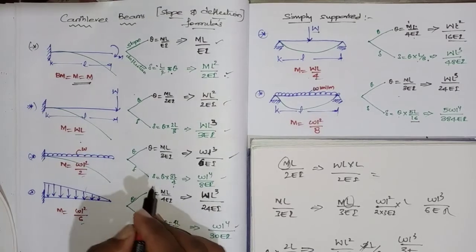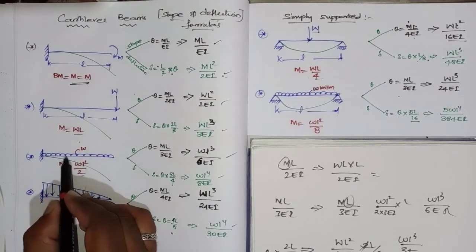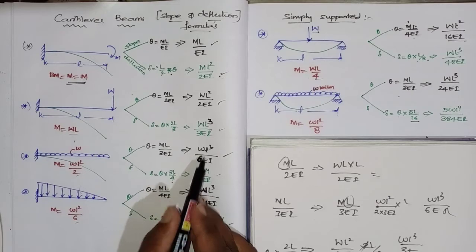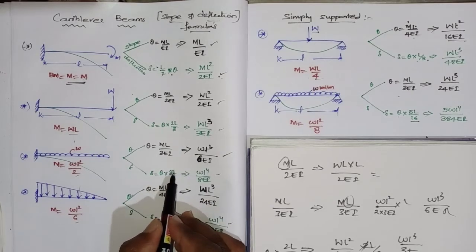Okay, and for a cantilever beam carrying UDL, what is the slope equation? WL cube by 6EI, and multiply with 3L by 4.